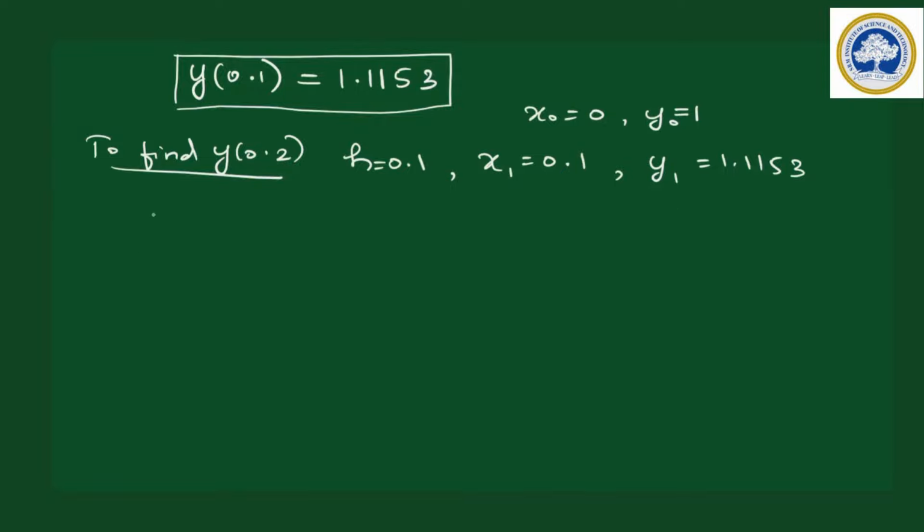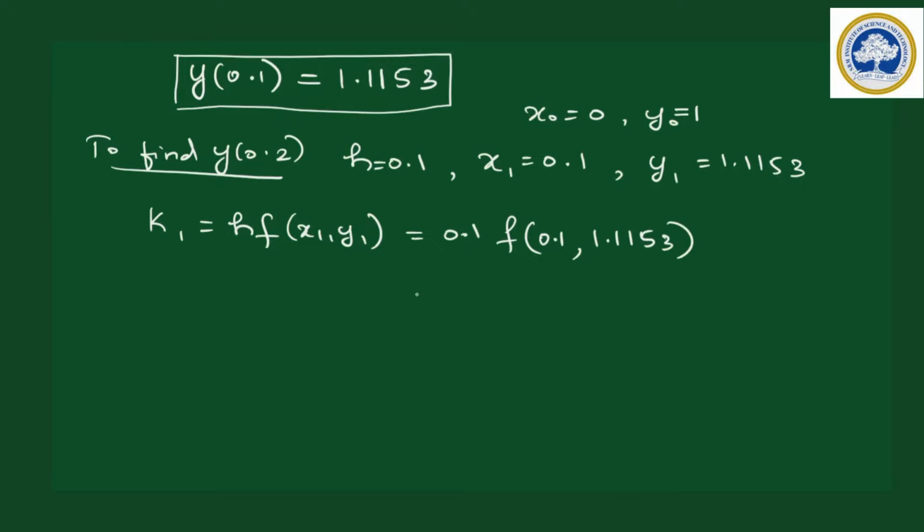So again we have to use the same formula, that is k1 is equal to h into f of x1 comma y1. Is it clear? So h is fixed always, so h is 0.1, and x1 is 0.1 and y1 is 1.1153. So 0.1 into f. Here what is the function f? f of x comma y is the function x plus y square.